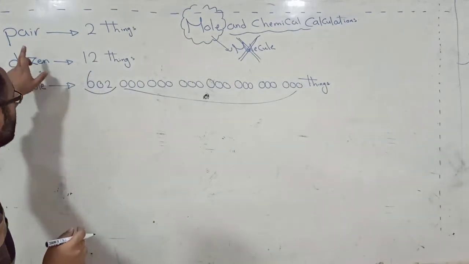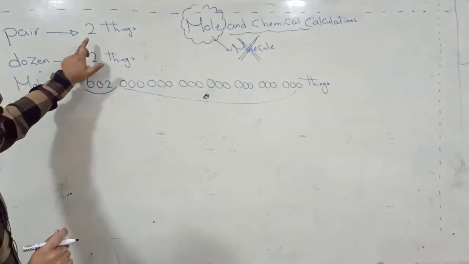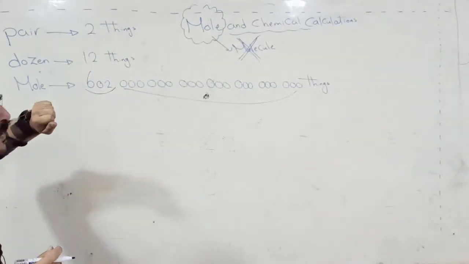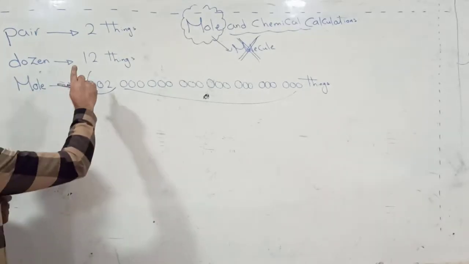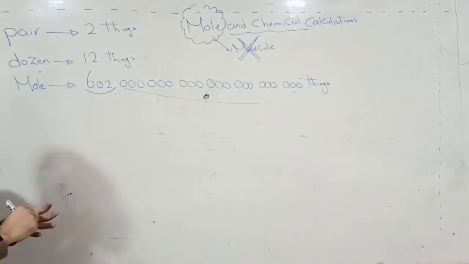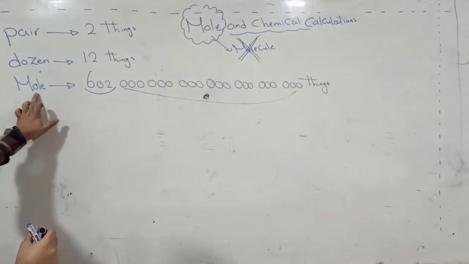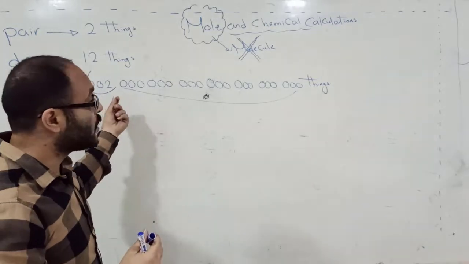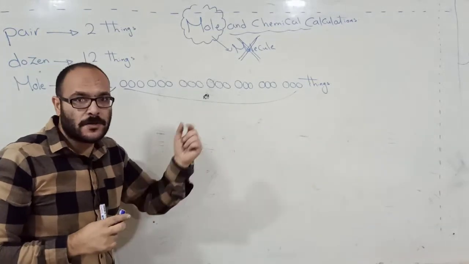So pair refers to a certain number of things, which is 2. Dozen refers to a certain number of things, which is 12. Also, mole refers to a certain number of things, which is 602 hexillion things.